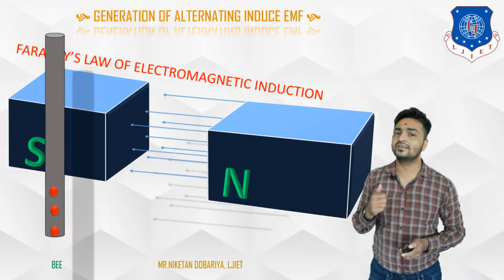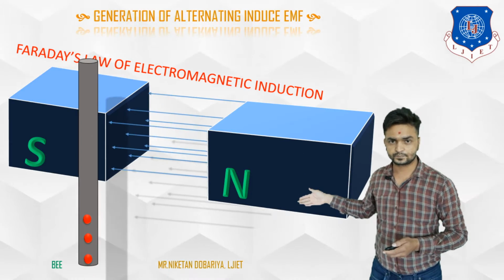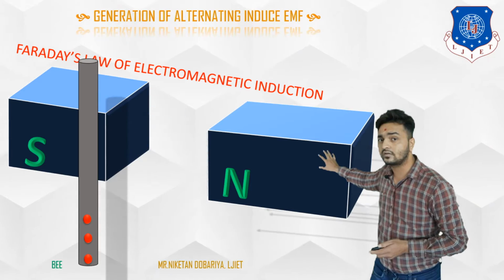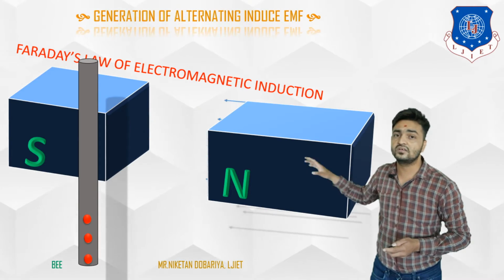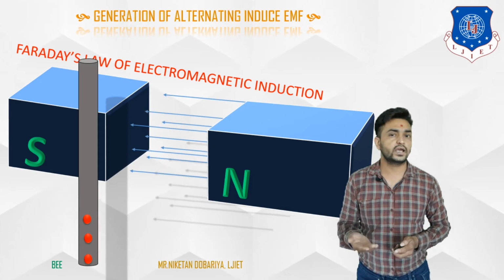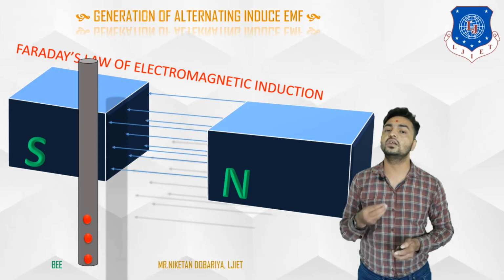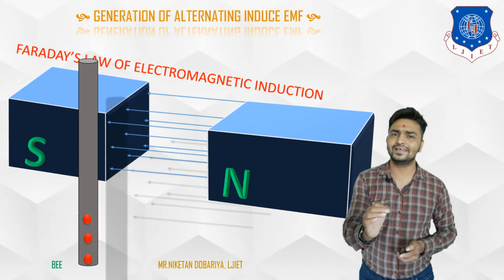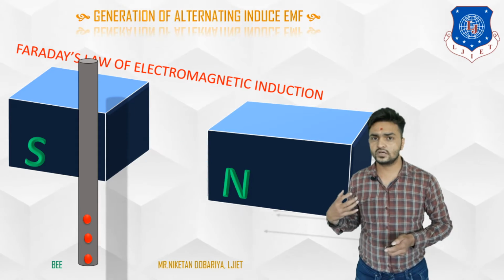Now the next requirement is one conductor. Let's say we put this conductor into this magnetic field. But simply putting the conductor into the magnetic field, we cannot generate EMF. Why? Because we need to provide variable flux. So what is our requirement here?